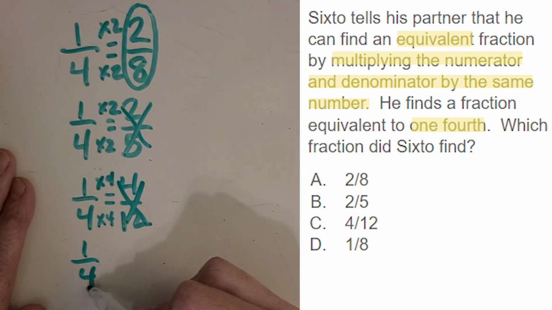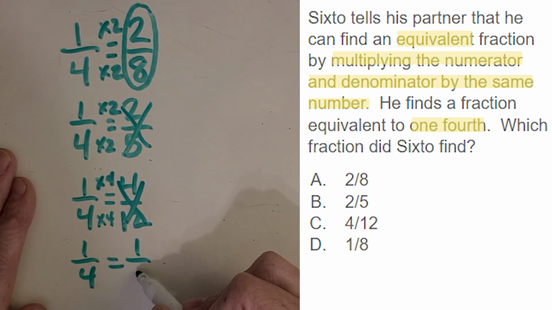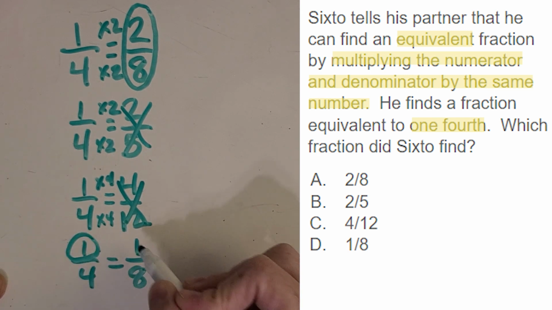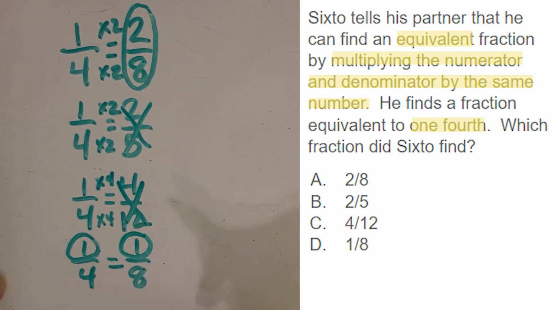Okay, then let's check the last one. 1/4 equals 1/8? Oh, and you know what? I already noticed something that's a little bit off about this. When the numerators are the same, like these are both unit fractions, they both have a 1 on the top, and then we change the denominators, they can't be equal.